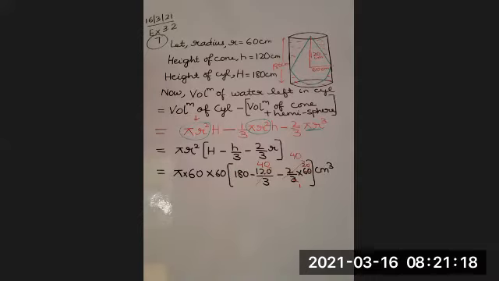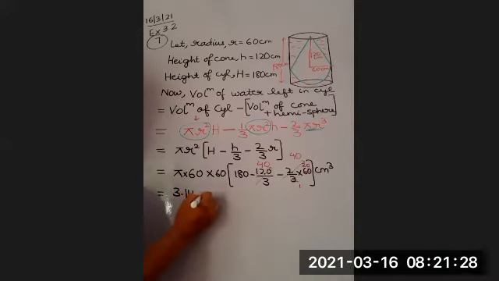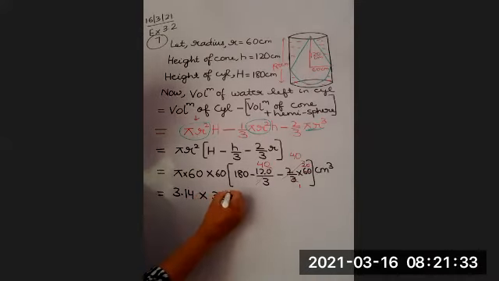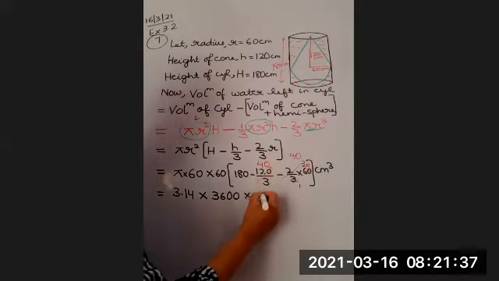How much is it coming out to be? 100, which is not a multiple of 7. So what should we put for pi? 3.14. 3.14, 6 into 6, 36, and then 2 zeros. This is 180 minus 80, which makes it 100.